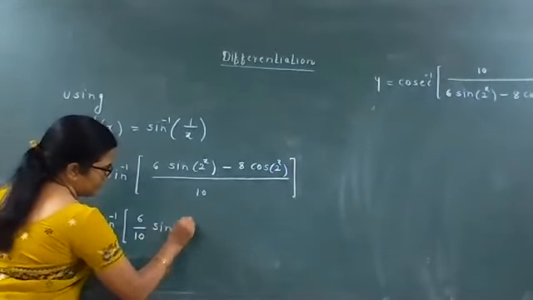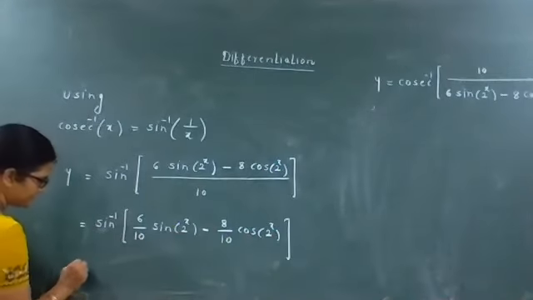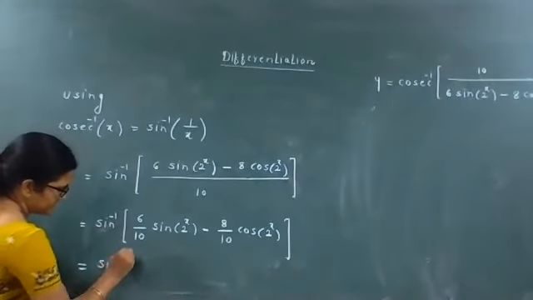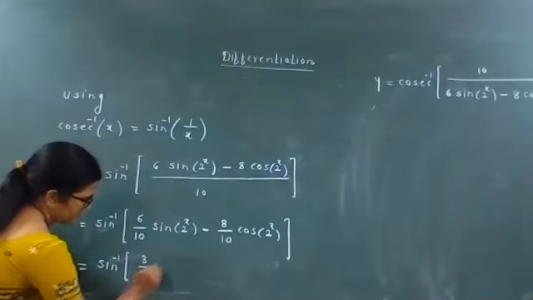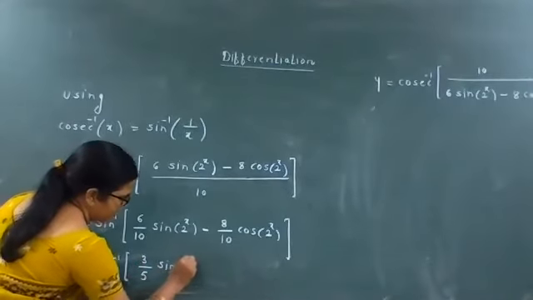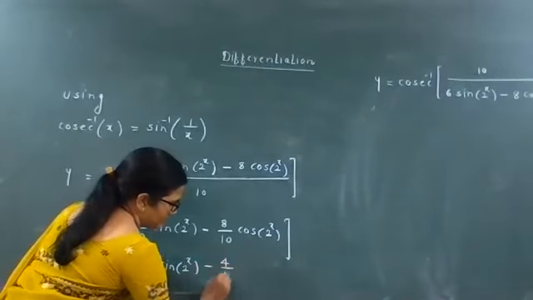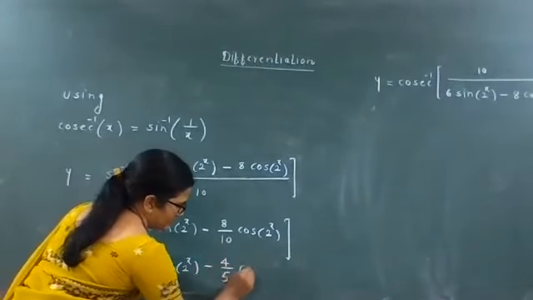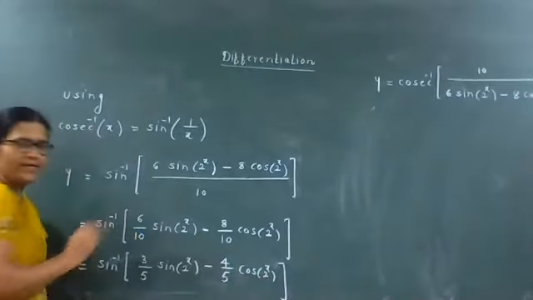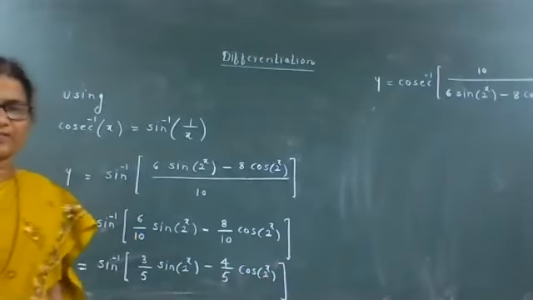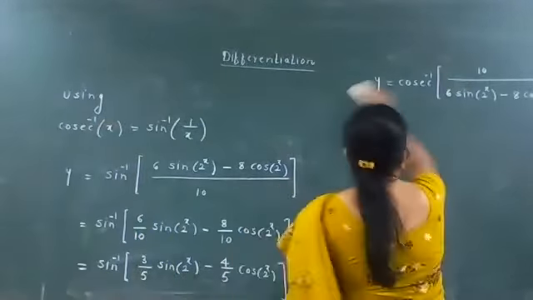One more step: you write 6 by 10 as 3 upon 5, 8 by 10 as 4 upon 5. Now see the three numbers 3, 4, 5. It is again a Pythagoras triplet. And now take the coefficients of sine and cos in terms of sine and cos using the angle alpha.